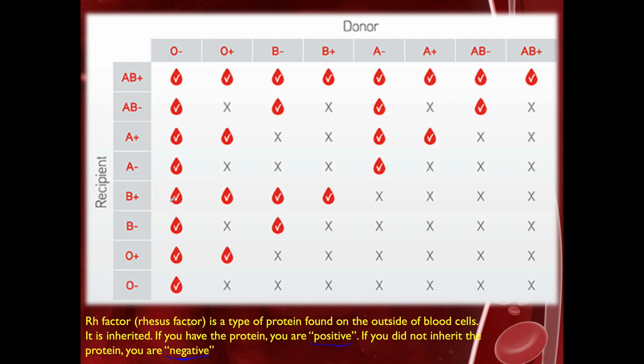Same thing with B. B can accept from O and B if you're B positive, but if you're B negative, you've got to take 2 of those out. You can only receive from O negative or B negative. O positive people can only receive from O, and if you're O negative, you can only receive from O negative because you'll have the anti-Rh factor antibodies floating around, ready to clump up that blood.